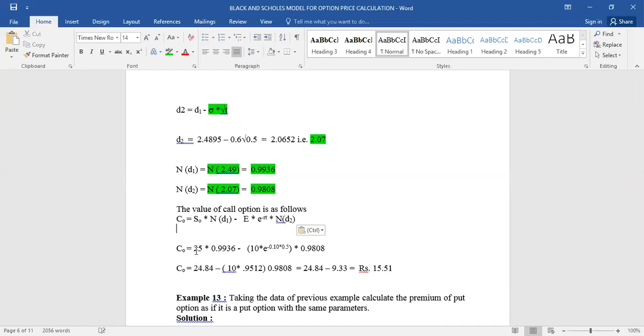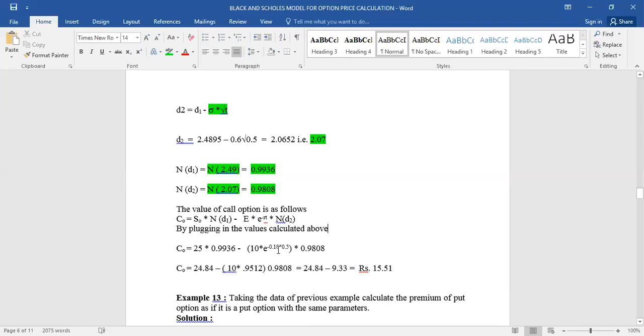Now, by plugging in the values calculated above, we get C0, the premium of call option. Now, what we have to plug in? S0, it was 25. ND1, 0.9936, minus.